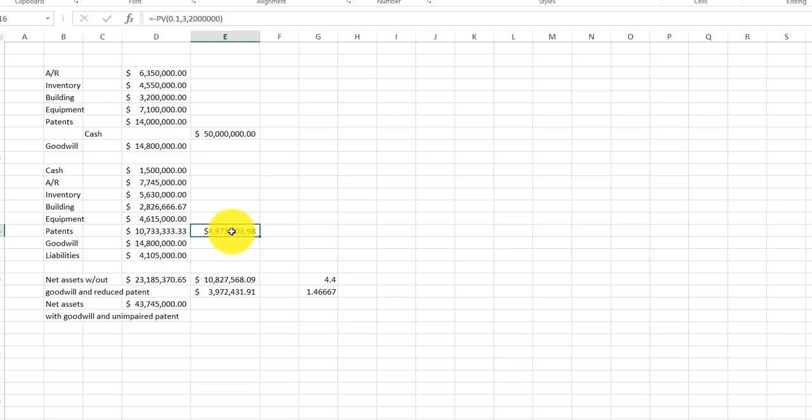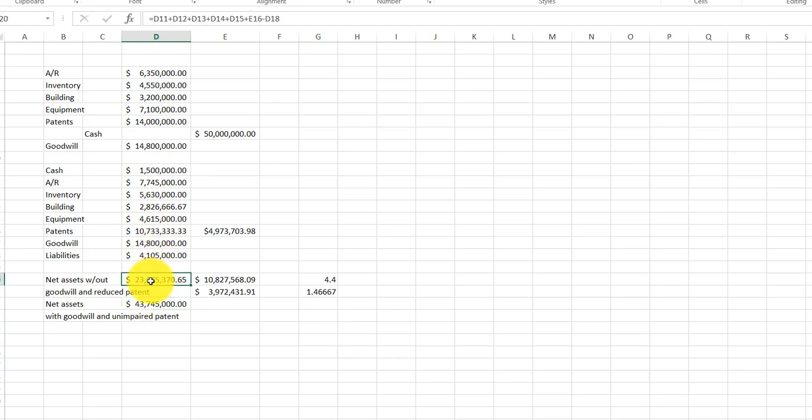All right. So if we add up all the assets, subtract liabilities with the patent before we consider the patent, okay, scenario, then we do it again. Okay. This is actually all the assets minus the liabilities.